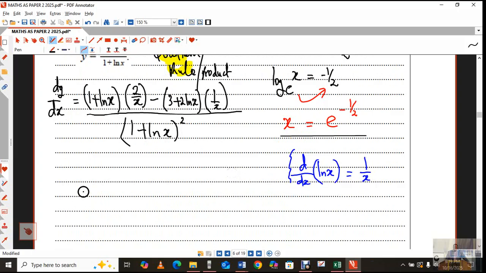So let's just clean up what we have, okay? And hopefully you will follow. So I'm going to multiply this term here with 2 over x. So that is going to be 2 over x, plus 2 over x natural log of x. And then you have minus, so I'm going to multiply this.